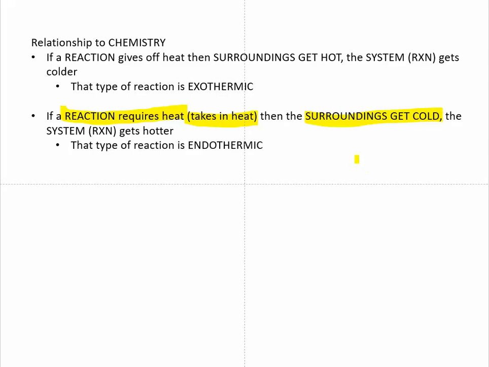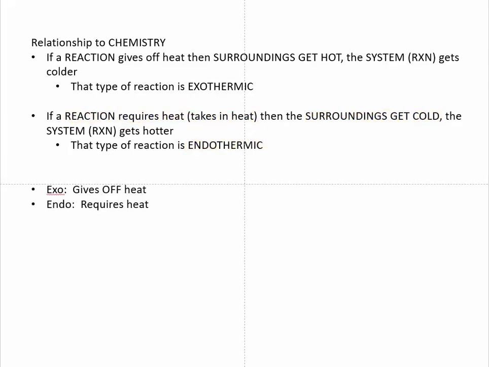It's a pack, and as soon as you crack it, some chemicals start to mix. Energy then is required for the reaction to occur, and the cold pack gets cold. That's the surroundings. The reaction is the mixing of the chemicals. It takes in heat from the surroundings, and the surroundings get cold. That kind of reaction is called endothermic.